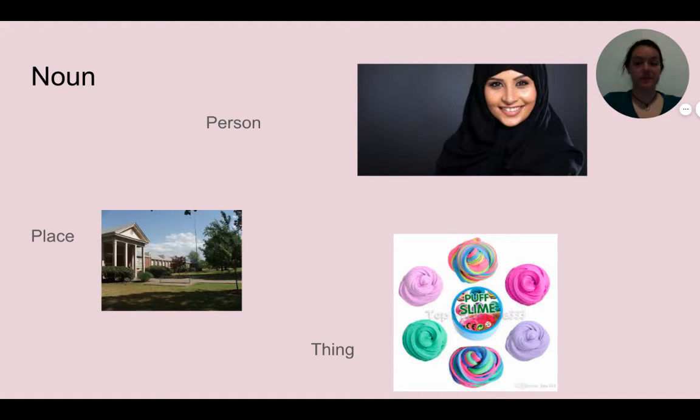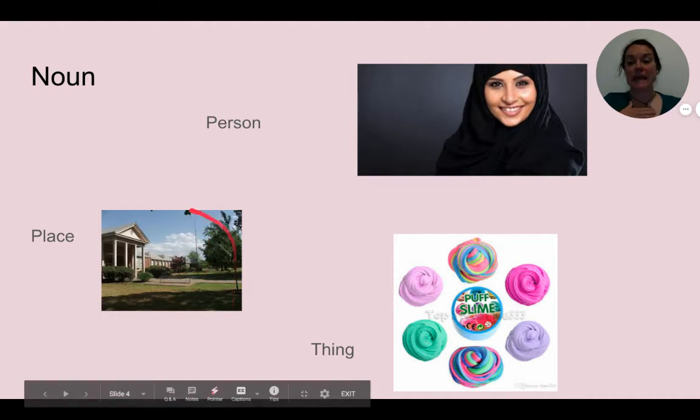And a place. So a place is somewhere that you can go. So a place could be like Berclair Elementary. It could be your house, your apartment, your condo, your car, my house, a playground, a grocery store, a government building, an office. That is a place.